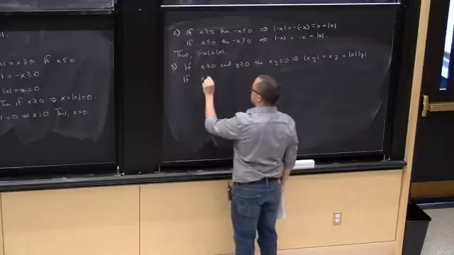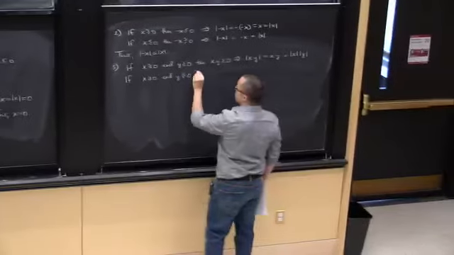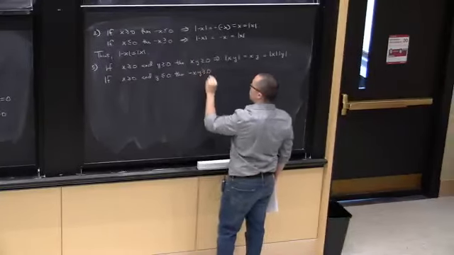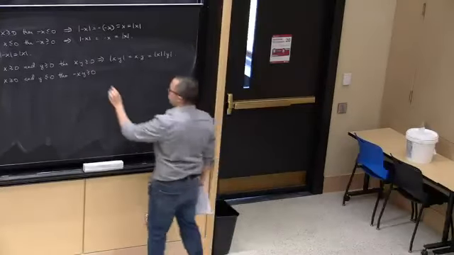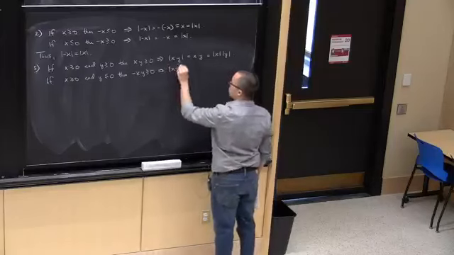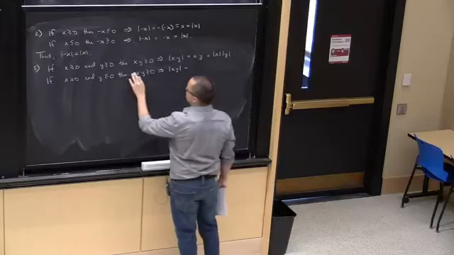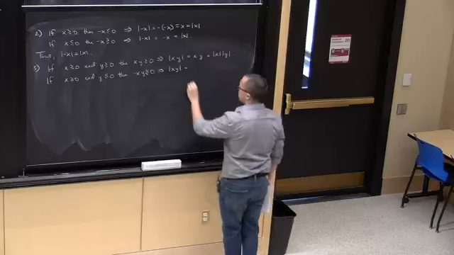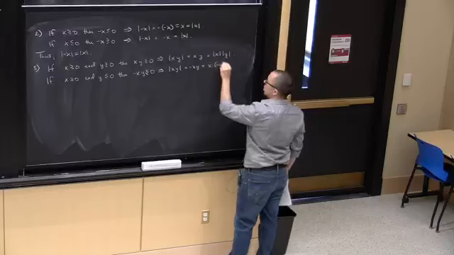If x is bigger than or equal to 0, and y is less than or equal to 0, then minus x times y is bigger than or equal to 0, which implies that the absolute value of x times y is, let's write it this way, equal to minus x y, which is equal to x times minus y.